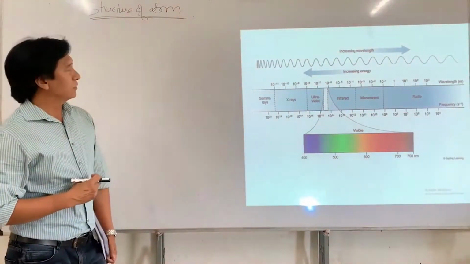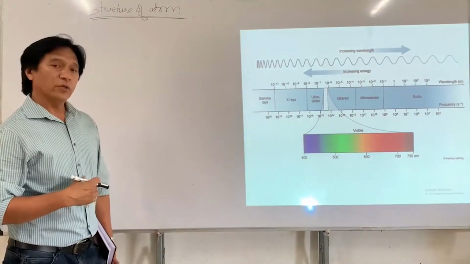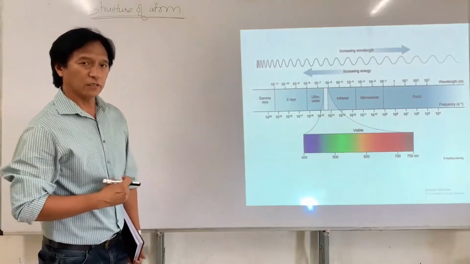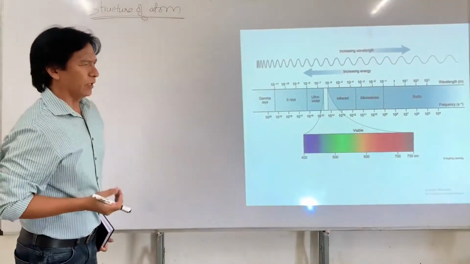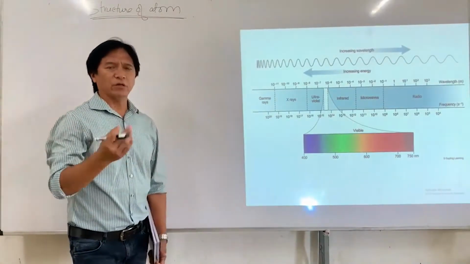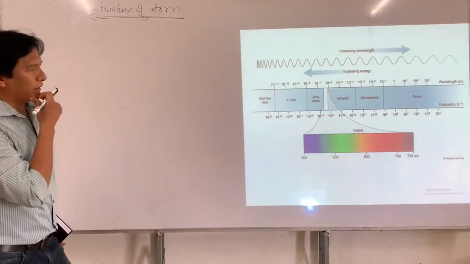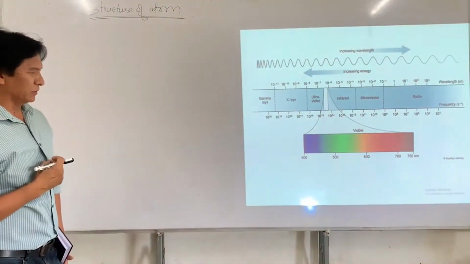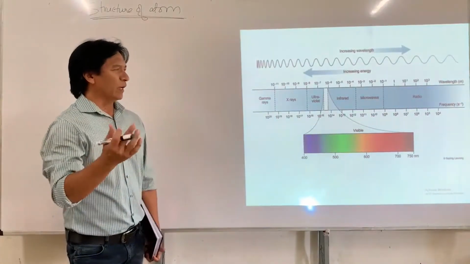So, in today's video lesson, I'm going to continue with what we learned in the last video lesson. You remember learning about the wave nature of electromagnetic radiation, and there we talked about these properties of electromagnetic radiation.